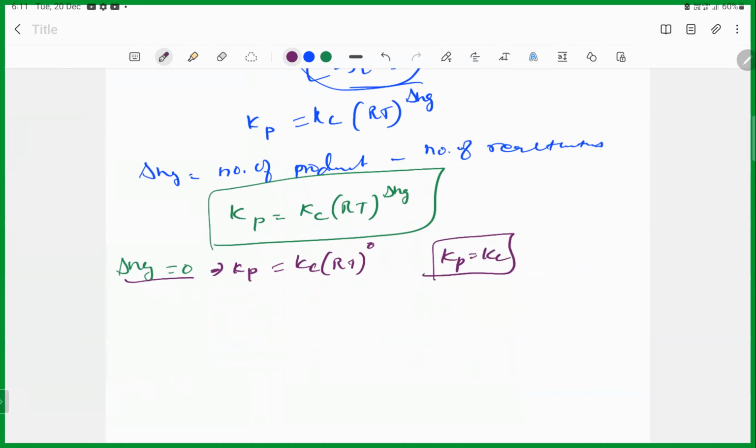And then when delta ng is greater than 0, what will happen? Will Kp become greater or lesser? Kp is greater than Kc, or Kp is less than Kc?